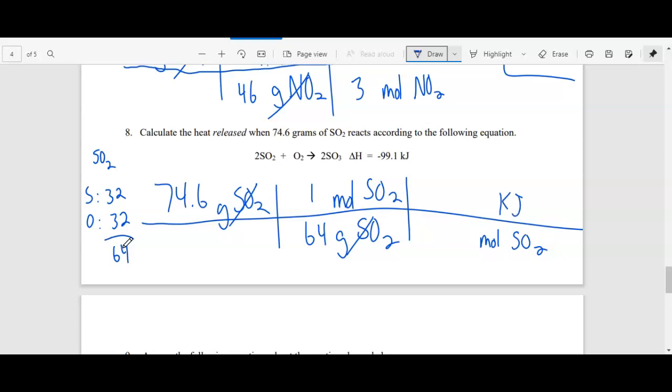We have to go look at our equation. How many moles of SO2 are in this equation? It's 2. Pull that number from the front. 2 moles of SO2 will release negative 99.1 kilojoules. Just like that.